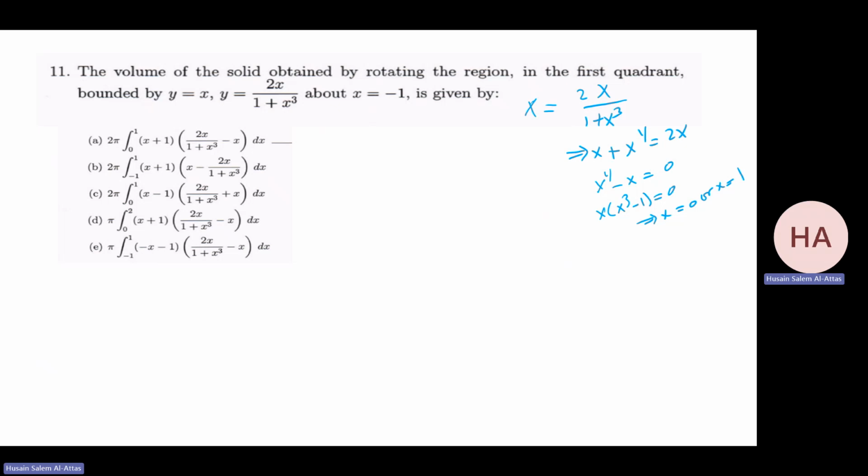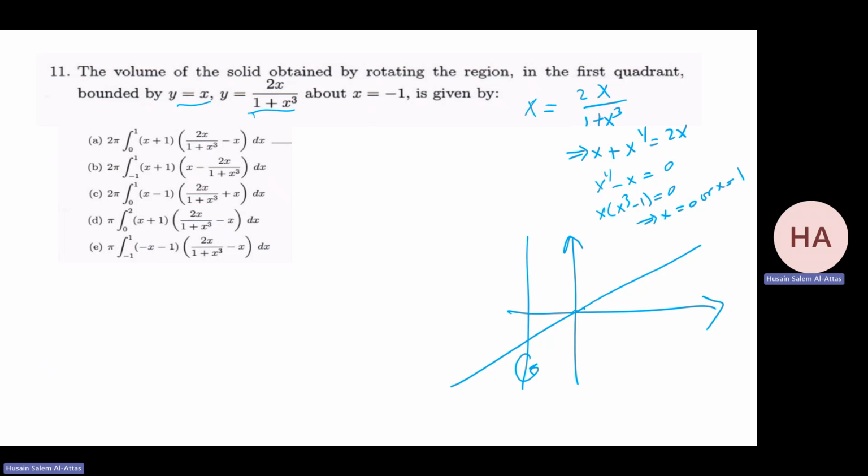And yeah, I don't know how, but this one will be bigger than this one. Yeah, and it's about the, so I have a graph. This is y equal x. Now, and about the line x equal minus 1. This is my line, and it will be now at x equal 1.